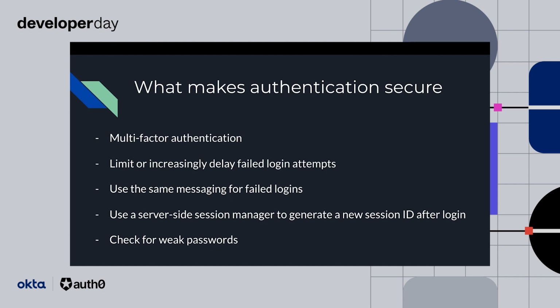So let's not be that app and go ahead and take advantage of some of these things. If possible, all of them aren't a bad idea, but I understand there's a balance between keeping users happy and having this secure authentication.